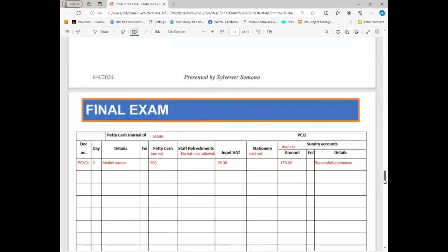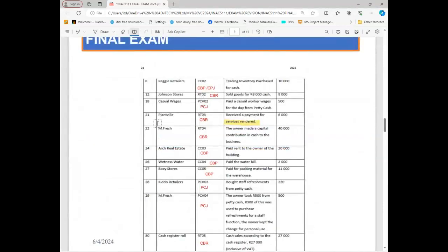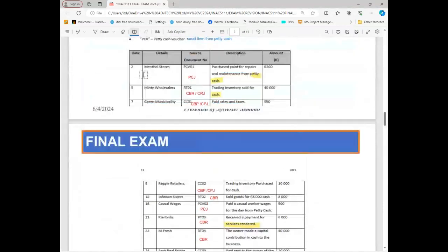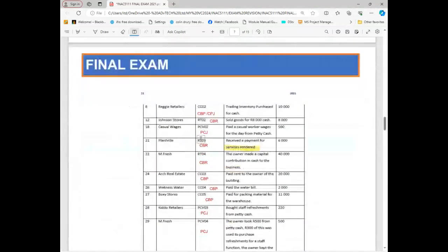The second one, let's go and check the next petty cash. From the second there, you can see there's nothing here. Then, yes, on the 18th, casual wages, we paid wages out of petty cash, 500. Okay, so it means we must go and record.